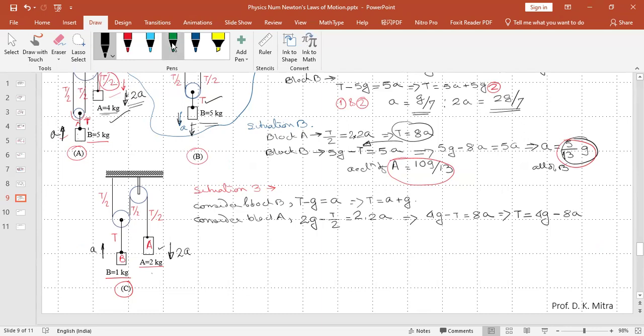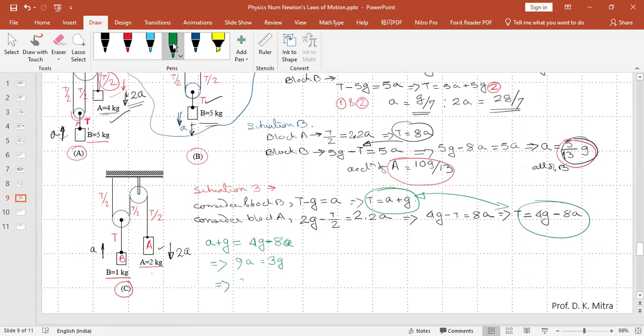Now we take these two equations to eliminate T. Then we find that A plus G is equal to 4G minus 8A. Then 8A comes to the left hand side, so 9A is equal to 3G.